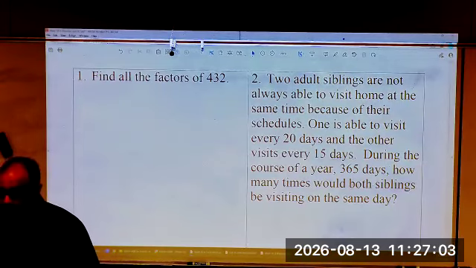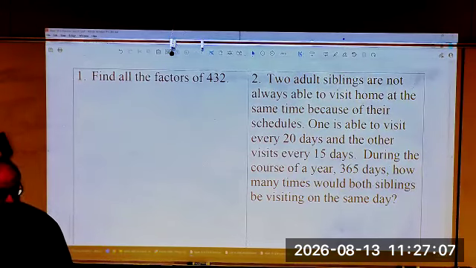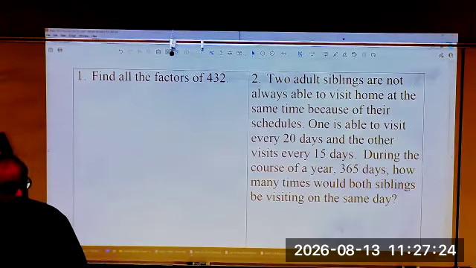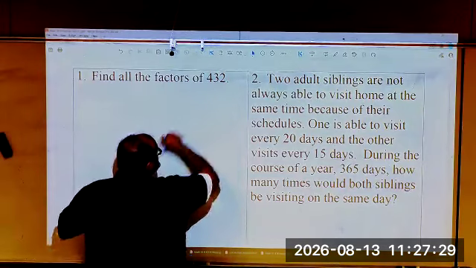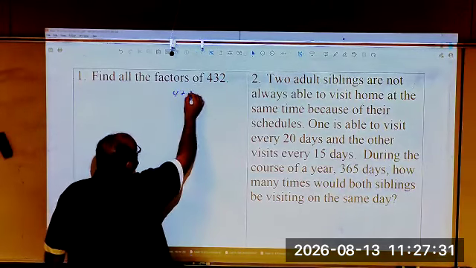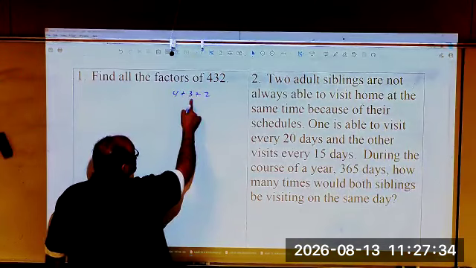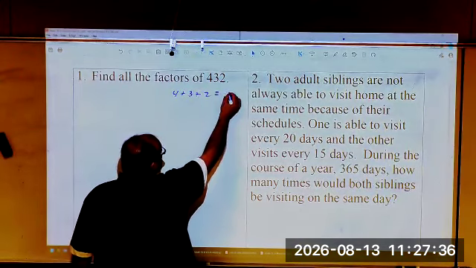This is going to come up when we actually lecture on it, but if the sum of the digits, so 4 plus 3 plus 2, so 7 plus 2 is 9.